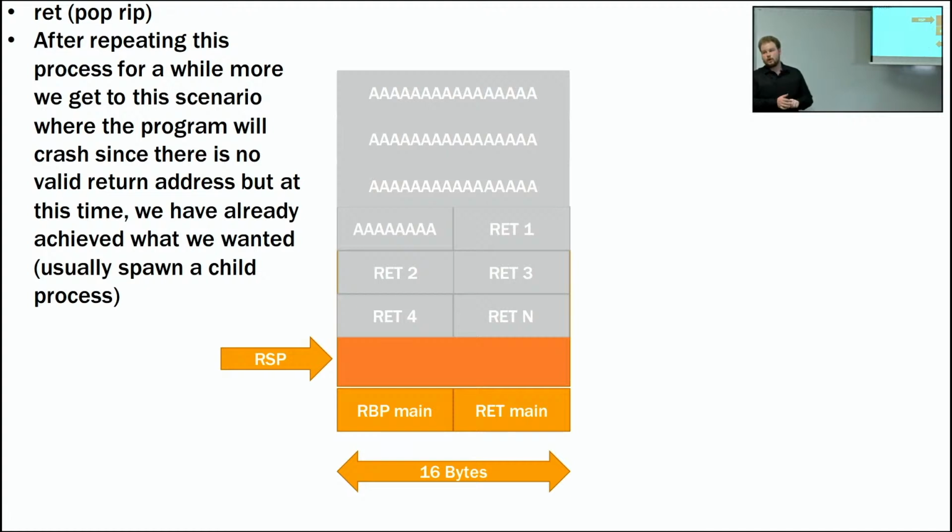When our ROP chain ends, which is always prefixed with the ret instruction, there will be no more valid addresses, and the program will probably crash. But at that point, we've already achieved what we wanted. We already, I don't know, spawned the shell, rewrote some system files, dumped malware, something like that.